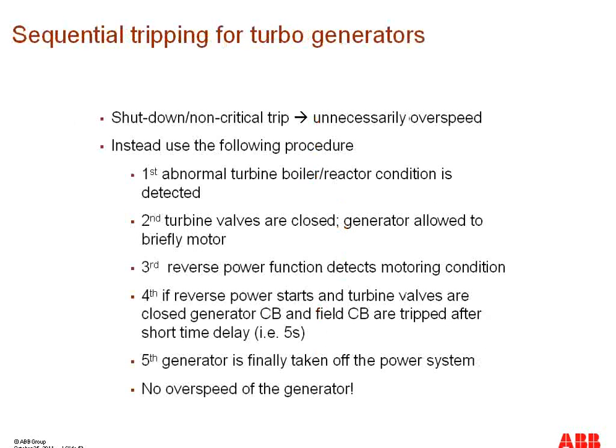In both cases, sequential tripping can be used to mitigate the impacts of overspeeding before finally tripping the generators. And these are the steps which can be programmed in any modern relay by using the configuration tool.